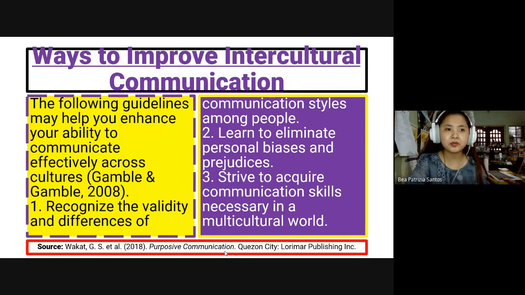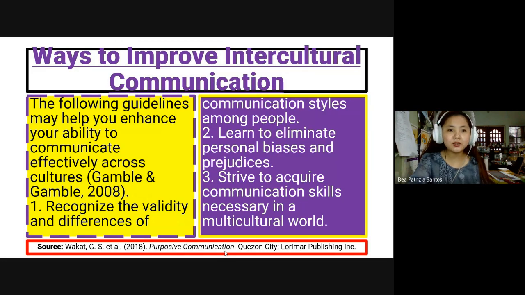We have the ways to improve intercultural communication. We have three ways, and I hope you can apply it in your daily life, especially if you have visitors from other countries or in social media.